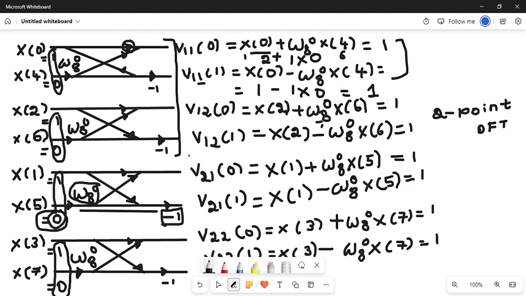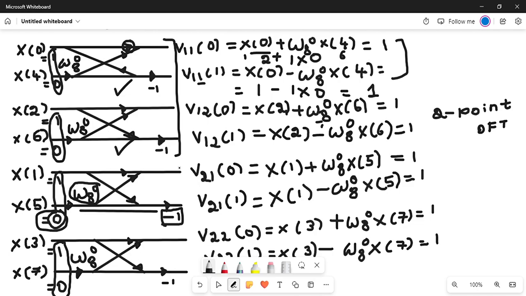Fine. I'm sorry, what is the result I get? A 4 point DFT. So x of 0, x of 4, x of 2 and x of 6, when we club these four, what do we get? If I'm clubbing these 2 point DFTs, this is one 2 point DFT, this is another 2 point DFT, and if I club these two, I'll get my complete 4 point DFT, right?